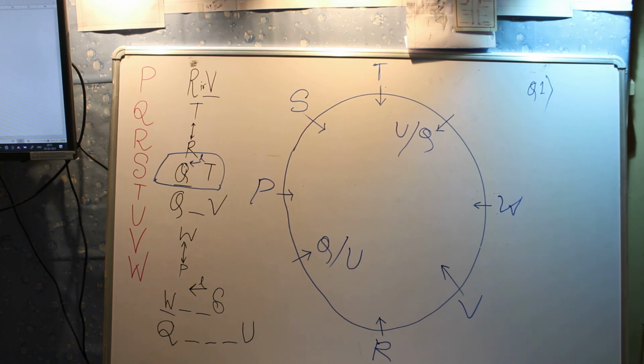V is to the immediate right of R, T faces R, Q is to the left of T, between Q and V there is one person, W faces P, W is third to the left of S, between Q and U there are three persons.